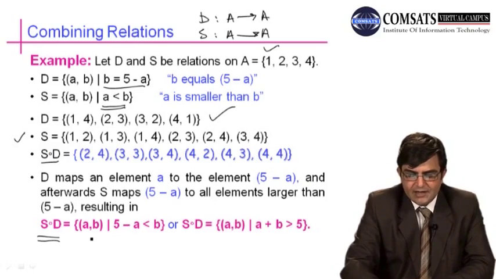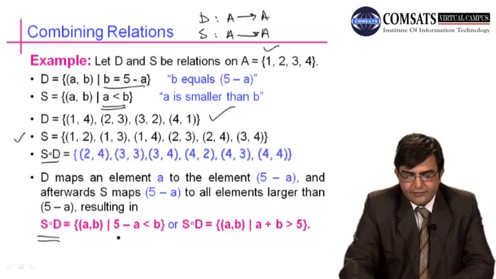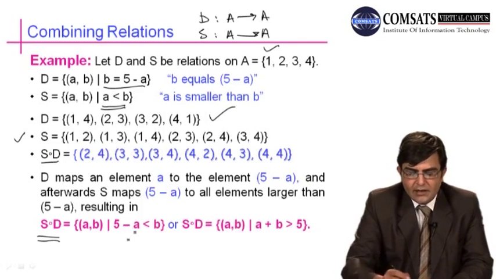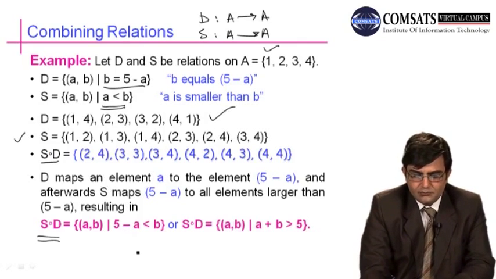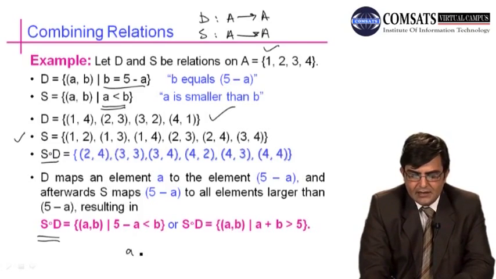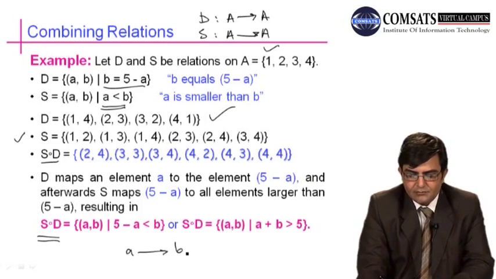S composition D contains AB ordered pairs such that first we apply D and basically A is converted to B, which is 5 minus A.